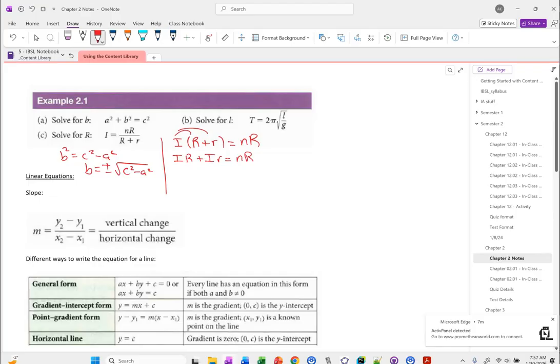Now what? Divide. No, I take it back. Multiply. No. Minus what? I times capital R. Great. Why are you doing that? To get the capital R's on the same side of the equation.